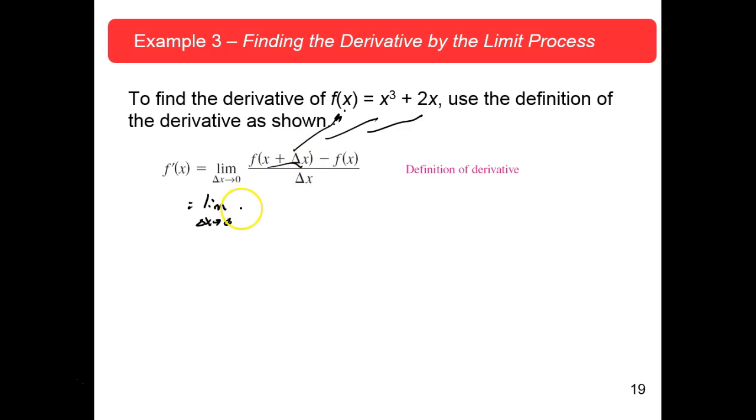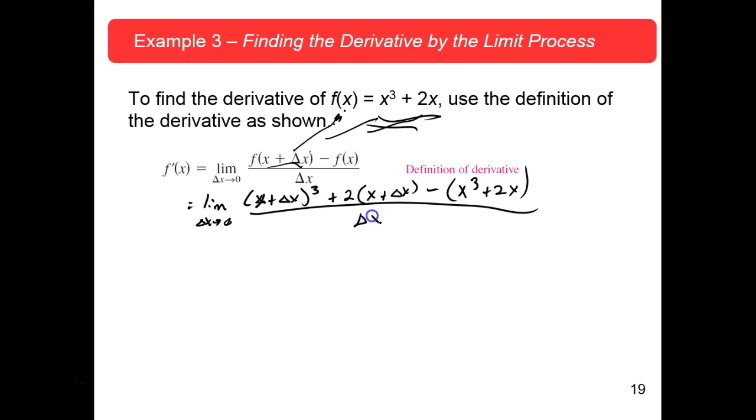So what would that give you? (x plus delta x) cubed, plus 2 times (x plus delta x), minus f of x, which is x cubed plus 2x, divided by delta x.